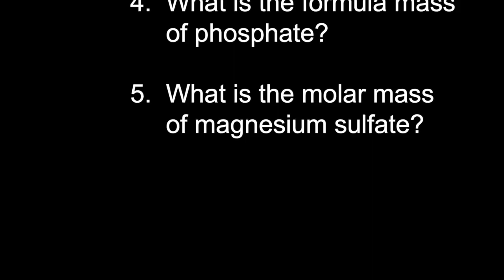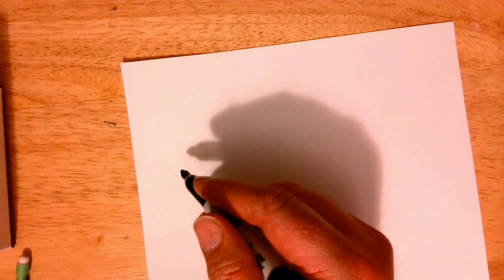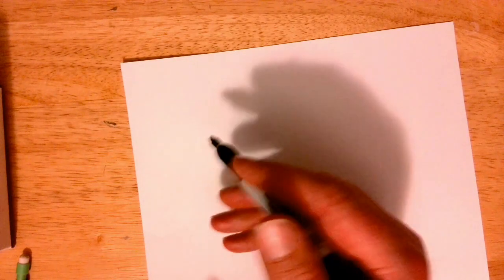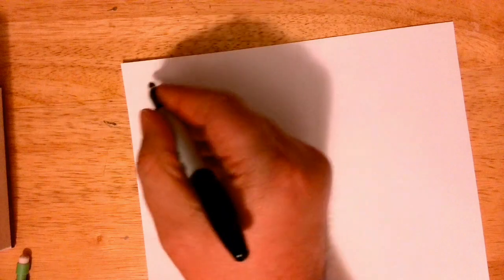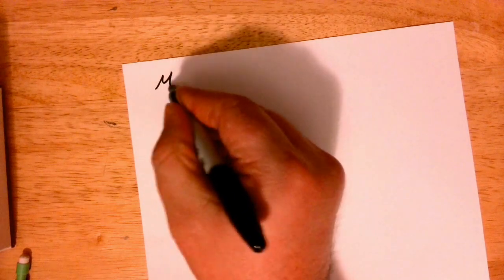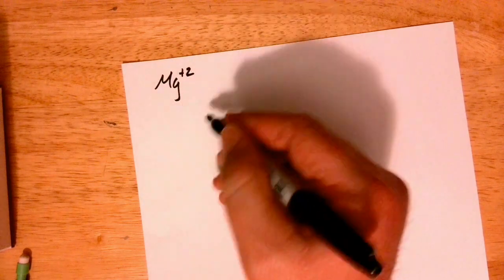Number 5. What is the molar mass of magnesium sulfate? Now the next one is kind of a two-part one, and you'll see why up ahead. So we're going to find out what is the molecular weight or formula weight for magnesium sulfate. Magnesium is Mg+2.